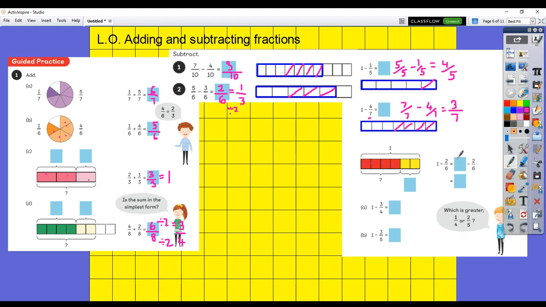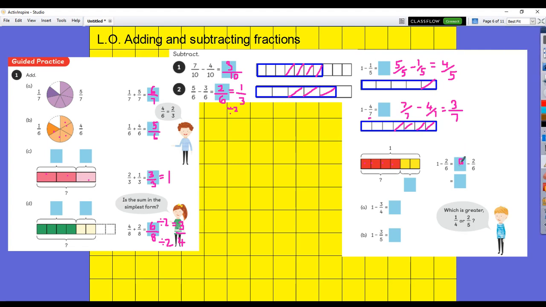They've laid it out this way. So we've got 6/6, take away 2/6 is going to equal 4/6, which we've just proven we are correct. Can 4/6 be simplified? Sure can. It can be simplified by dividing by 2. 4 divided by 2 is 2. 6 divided by 2 is 3. So we've got 2/3.